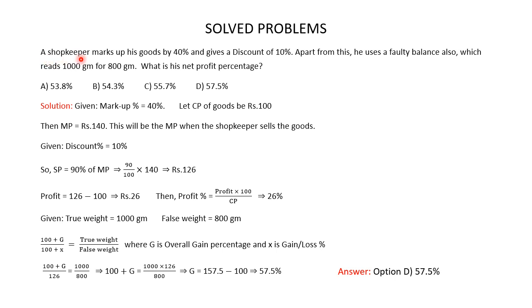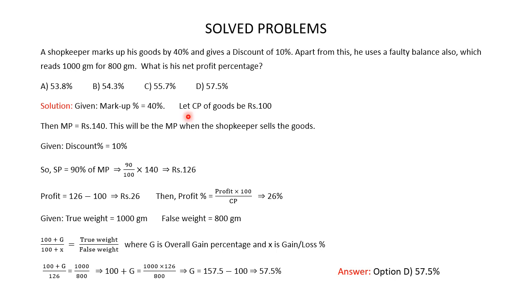Now it's given that a shopkeeper marks up his goods by 40%. This means markup percent is 40%. Now markup is always on the cost price, but we do not know what is the cost price of the goods here. Now since markup is given in the form of percentage, calculation will be easier if we assume that the cost price is rupees 100.